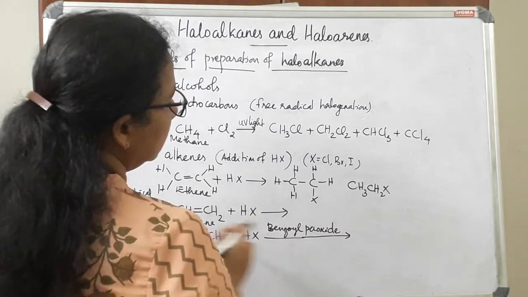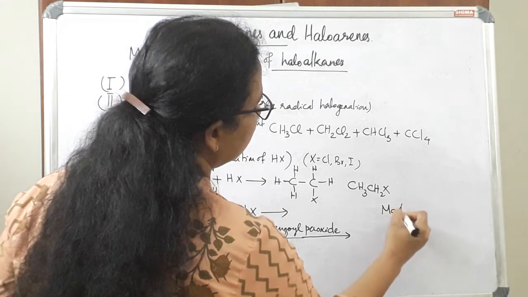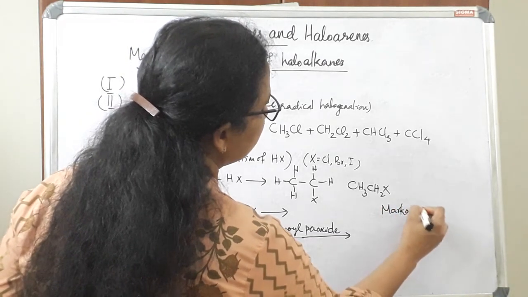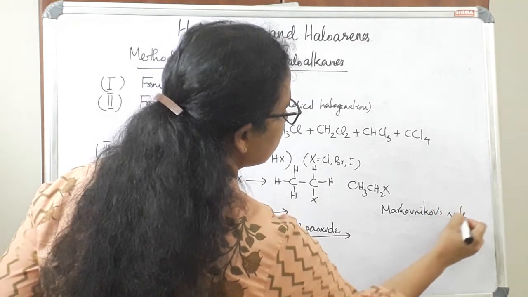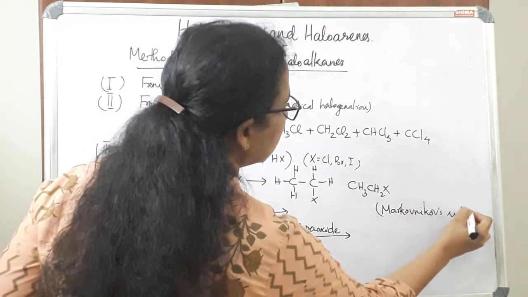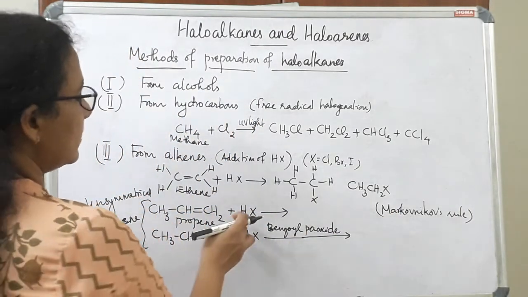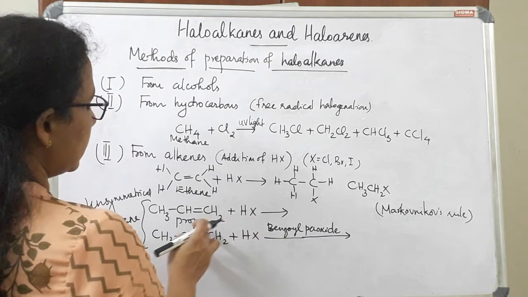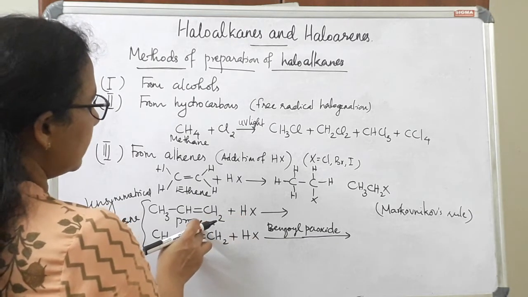So here this reaction is according to a rule that is called Markovnikov's rule. So you have studied this rule in the first year. So this Markovnikov's rule is used for this reaction. Here hydrogen halide is added to an unsymmetrical alkene.